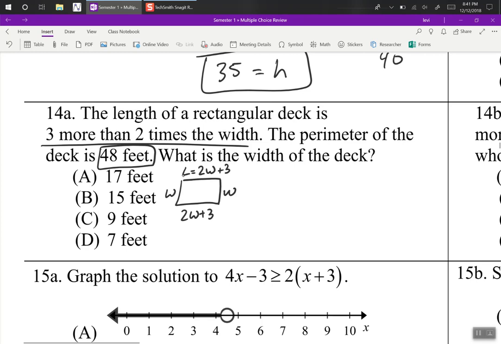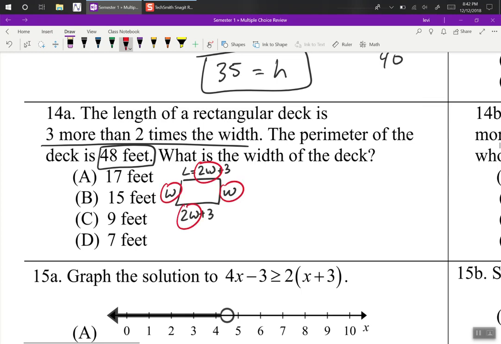I'm not going to use this L portion because we want to just use one variable. And we know that L equals 2W plus 3. So let's add up all of our W's. Our W's would be 2W and 2W and W and W. Well, 2 and 2 make 4, 5, 6.